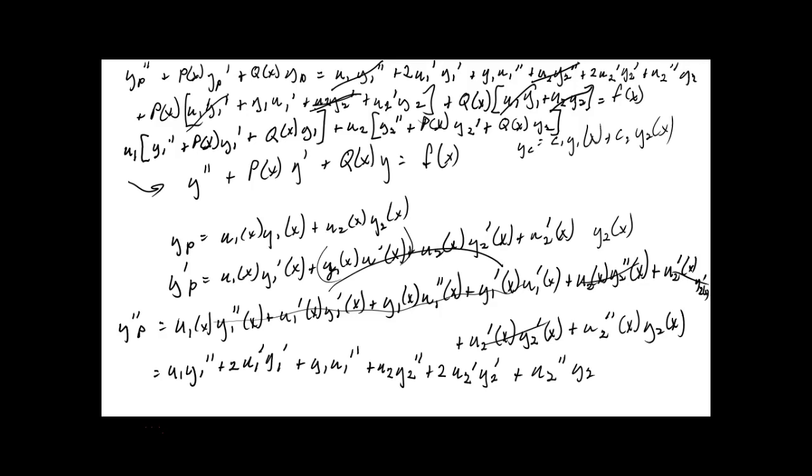I'm having trouble seeing in the first place, but there's a U1, Y1, and another U1. U1 prime, Y1 prime, and Y1 prime, U1 prime. That's two of them. And then they have the same here. Y2 prime, U2 prime, plus U2 prime, Y2 prime. It's two of those. But they come down here and only show one of each of those.